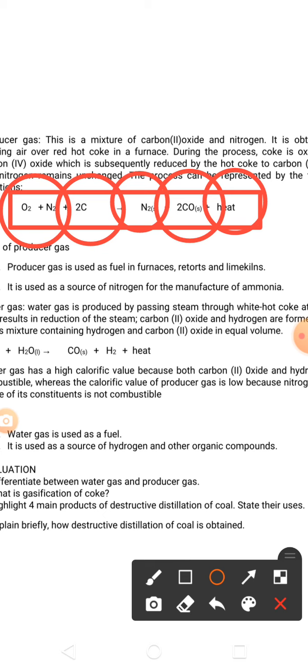So producer gas is a combination of nitrogen and carbon monoxide. Just two constituents. So you have nitrogen and carbon monoxide as the two constituents of producer gas.